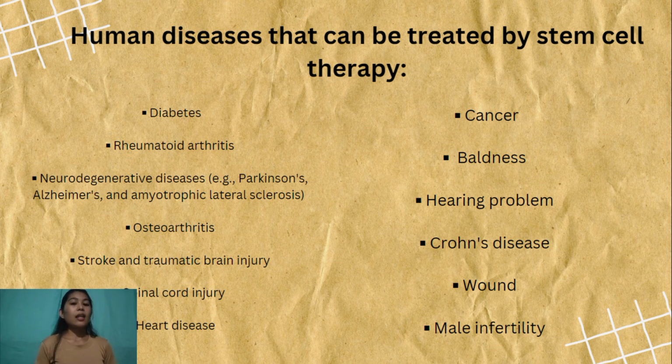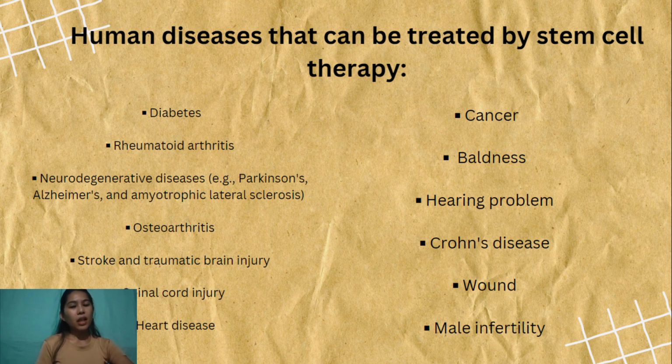In osteoarthritis, stem cells can regrow cartilage in joints, which can help reduce pain and improve movement in people with osteoarthritis. So, next we have here the stroke and traumatic brain injury.